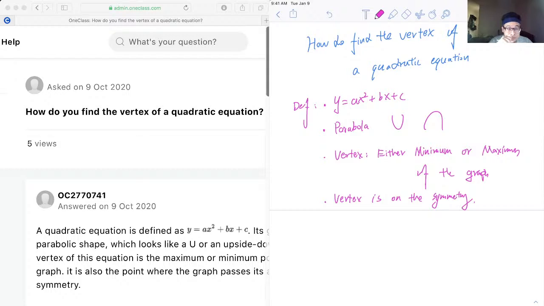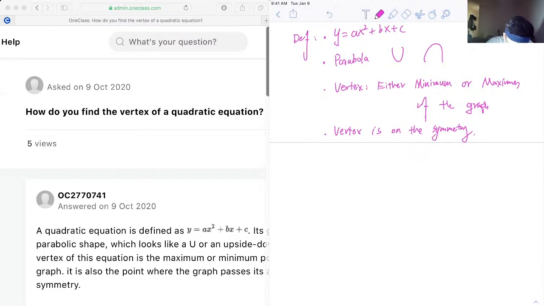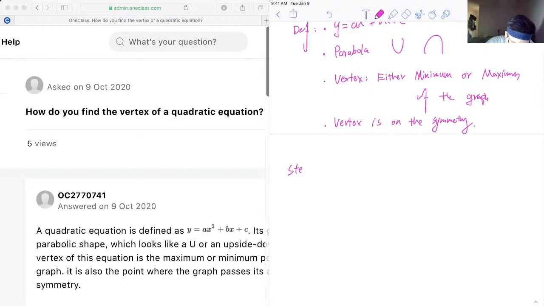And in order to find the vertex of the graph, we need to follow the following steps. So step 1, we need to write the equation into a standard form, which is given by y is equal to ax squared plus bx plus c.